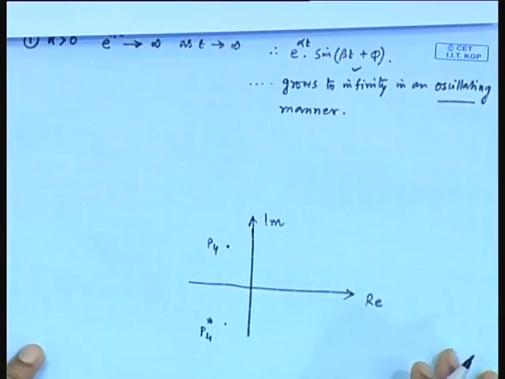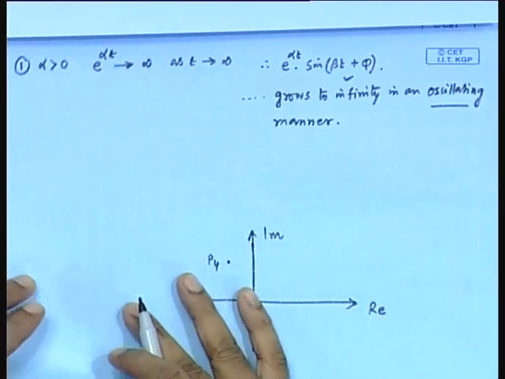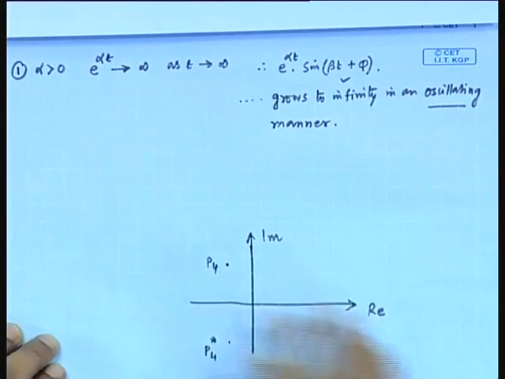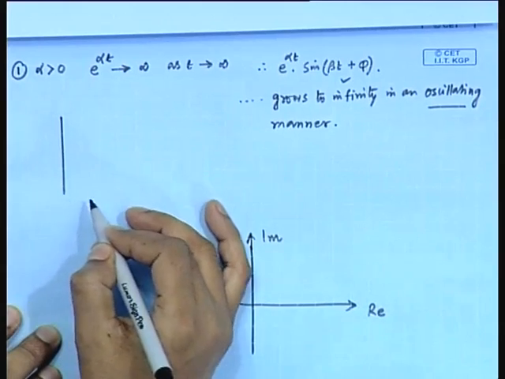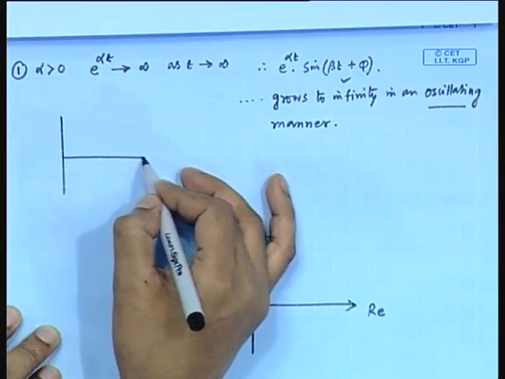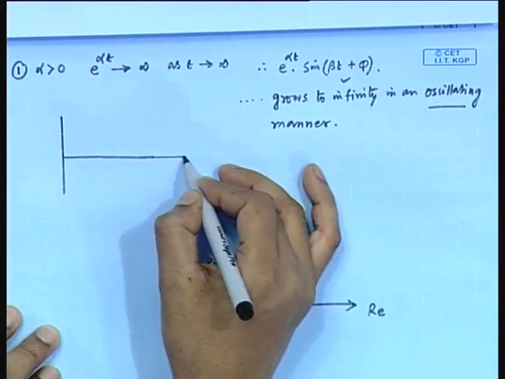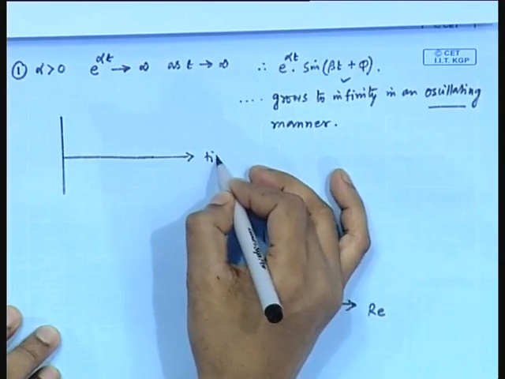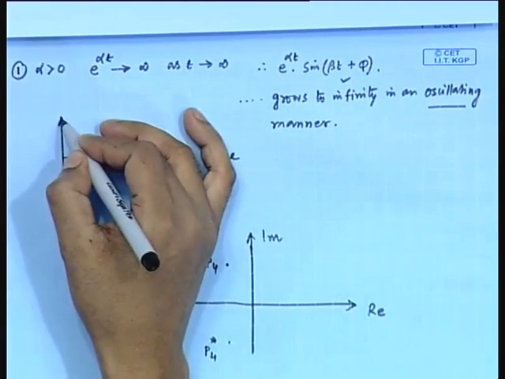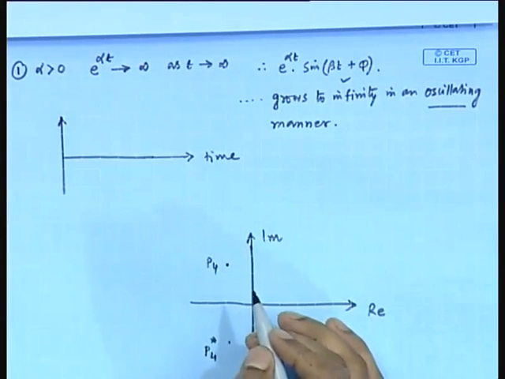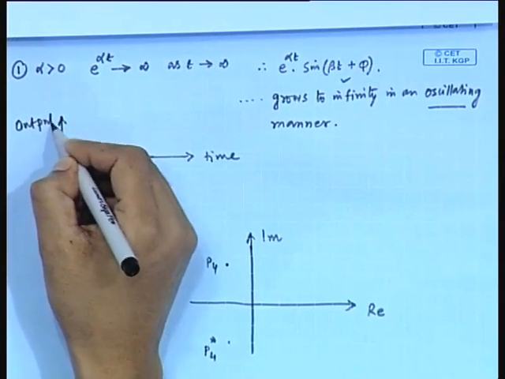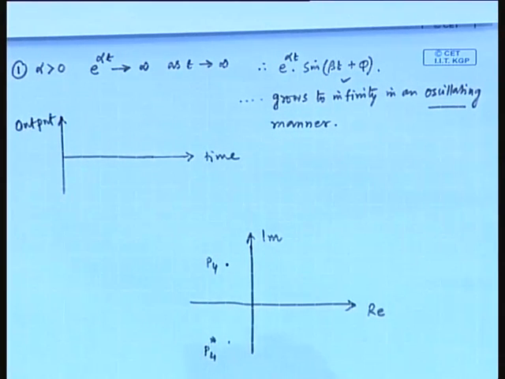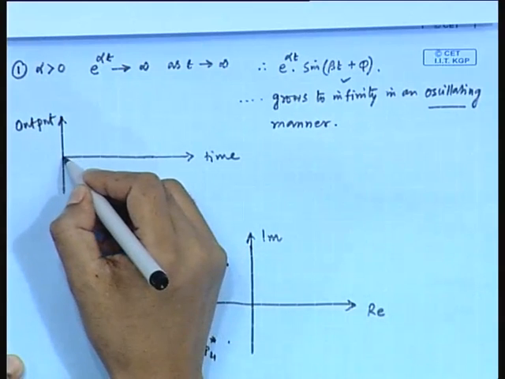So, how can we represent the system response graphically? We will represent this in this form. Suppose this is time and this is output.